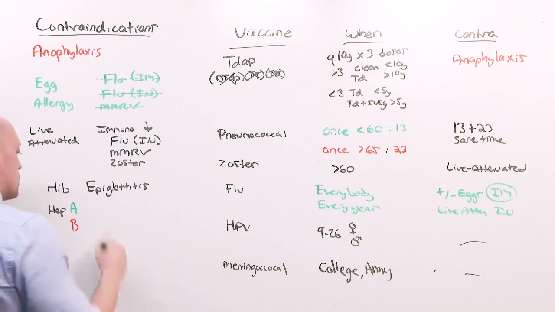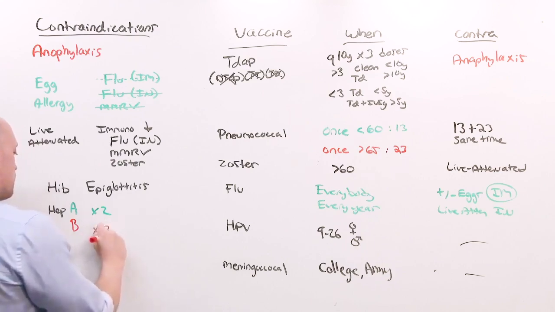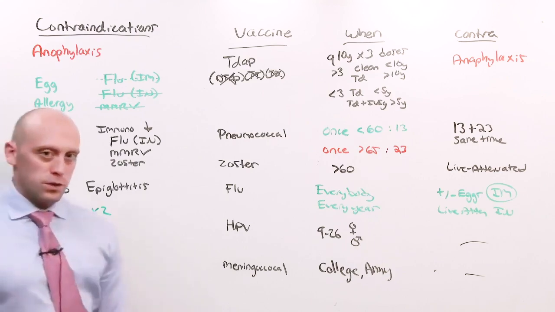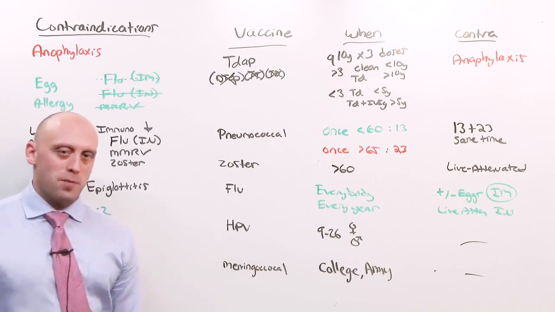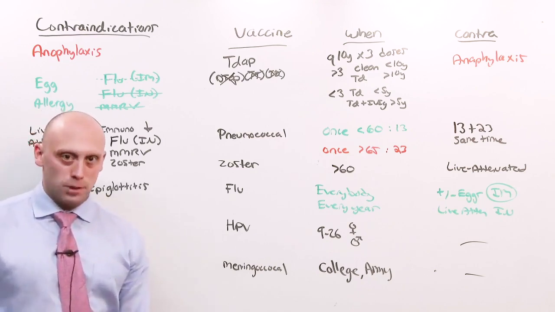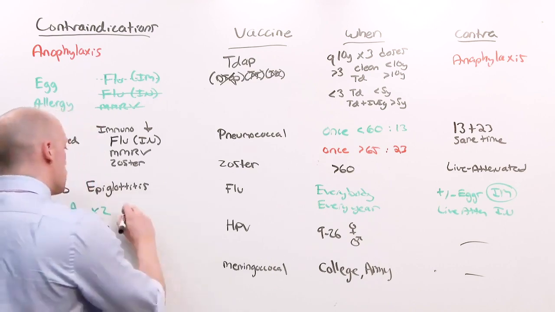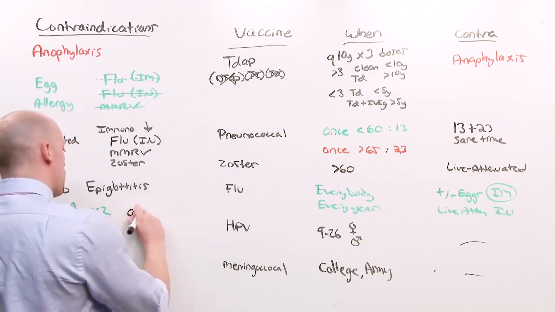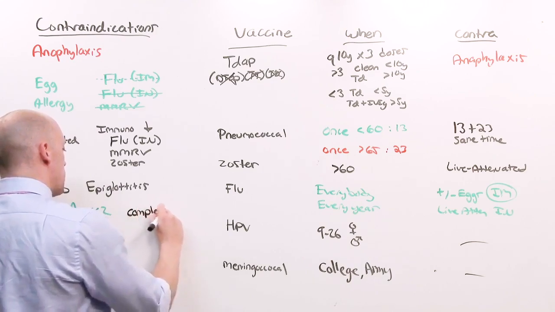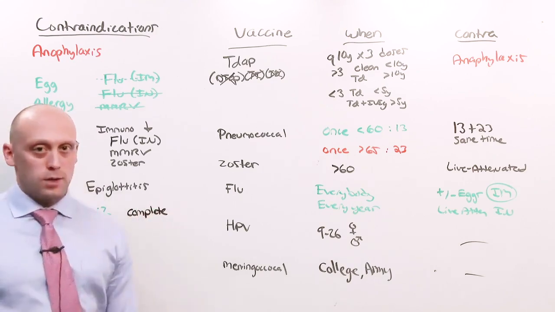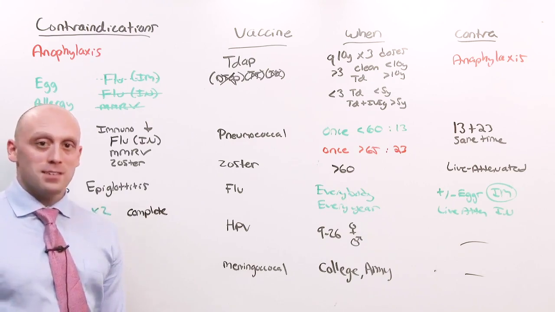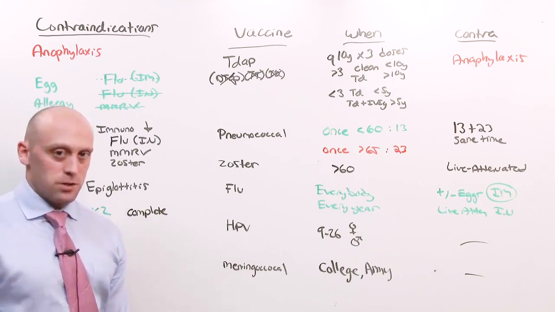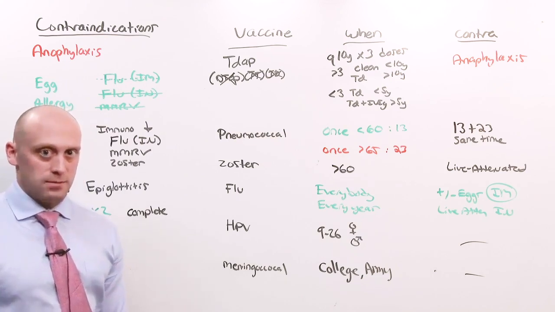What I want you to remember is that there are 2 doses of A and 3 doses of B. What's important for adults is that if there is a record of Hep A/B vaccination and it's incomplete, you can simply complete it or pick up where you left off. You do not need to start again. If you have no idea or no records of what their Hep A/B status is, don't get titers, just revaccinate.